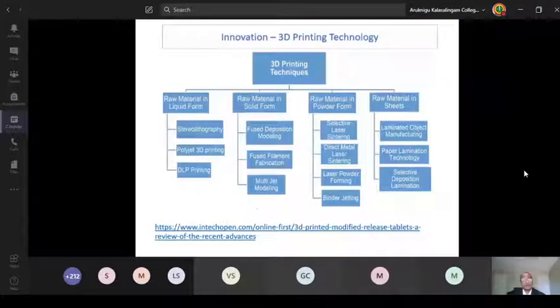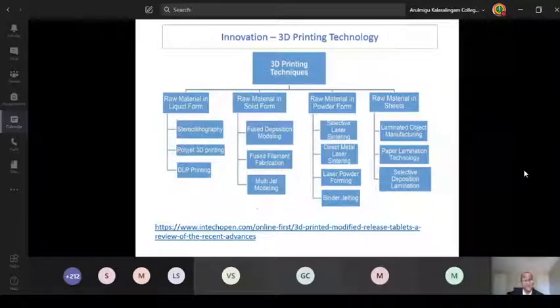So now I'm going to talk about another innovation. So far we have seen innovation in continuous manufacturing, from traditional to continuous manufacturing, innovation in CAR T cell therapy, an innovative therapy approach, and now the innovation of 3D printing technology.